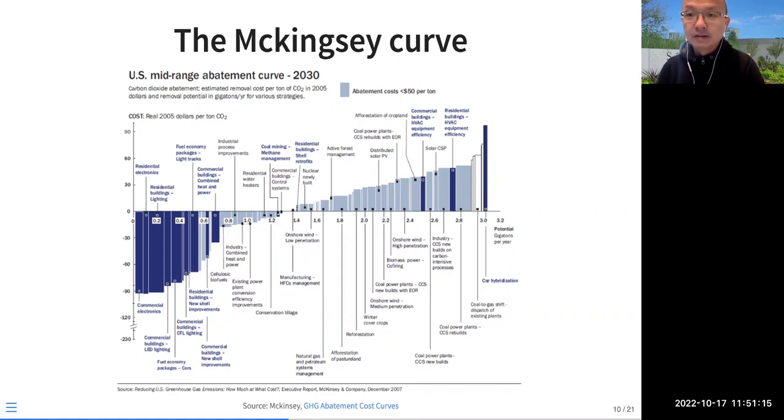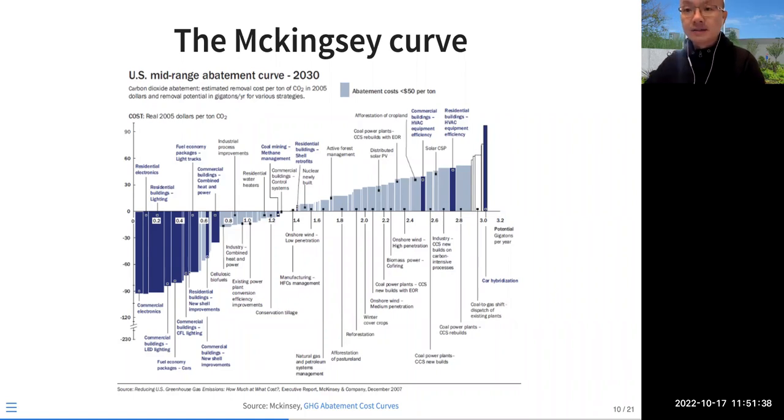So basically it ranks the different measures, which we should take priority, those measures that can reduce carbon emission with negative mitigation cost, which we make money from doing it, or save money from doing it.